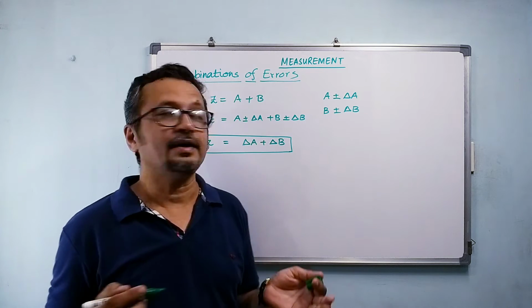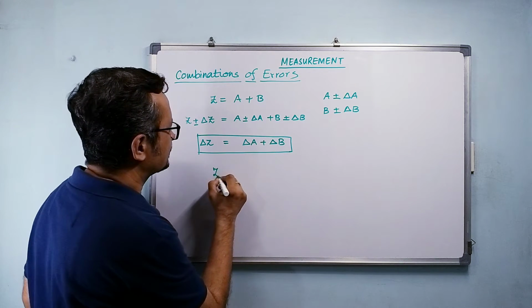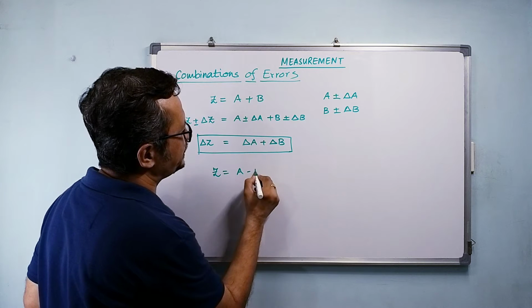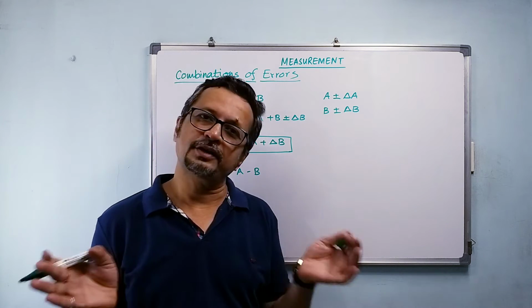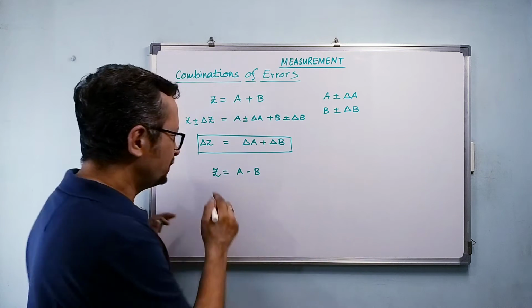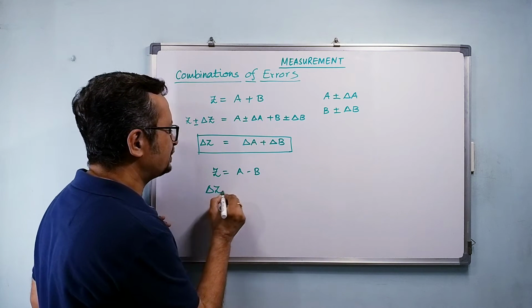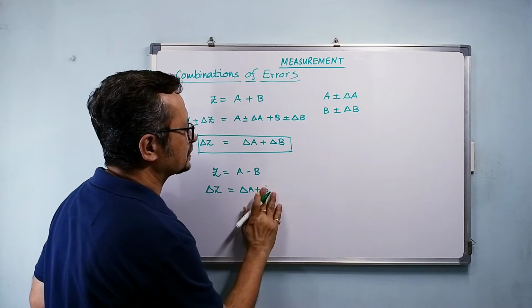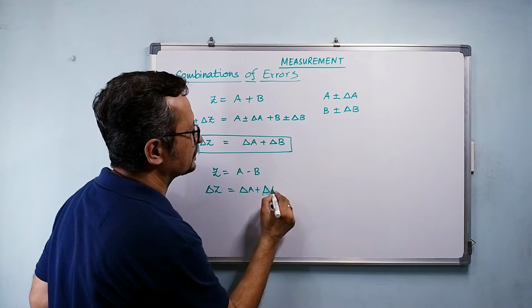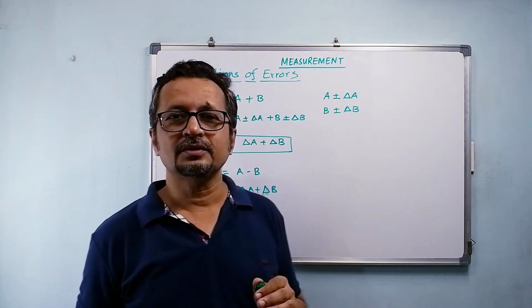What if my Z is equal to A minus B? Again, here the spread would be similar. So my delta Z over here as well is going to be equal to delta A plus delta B. And what is the reason?